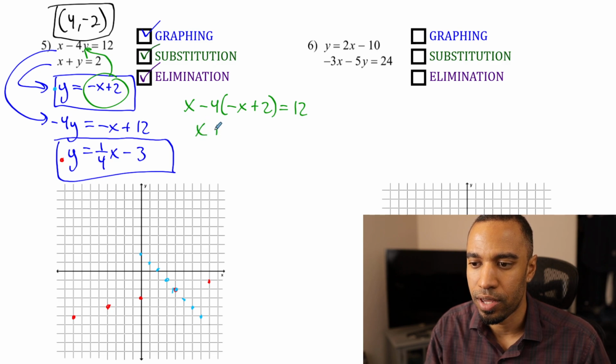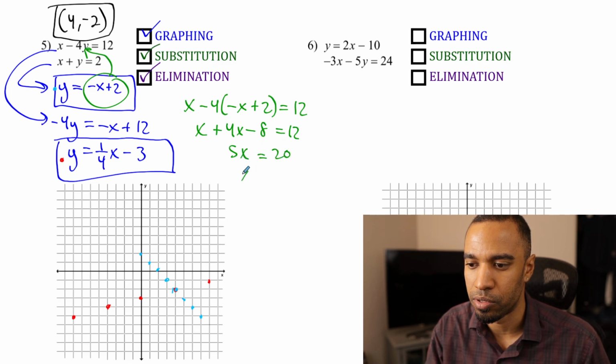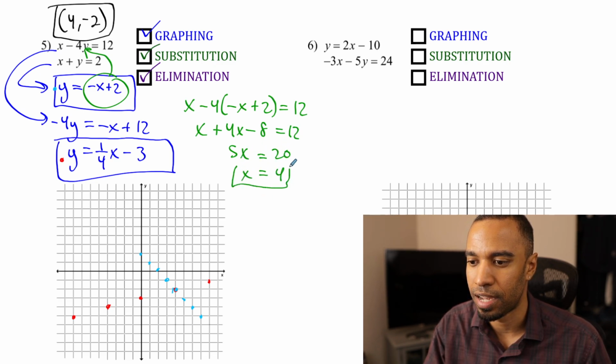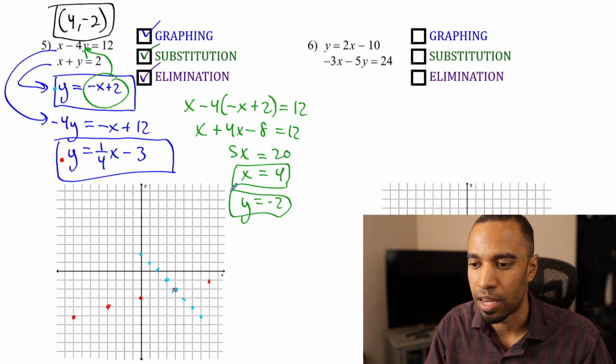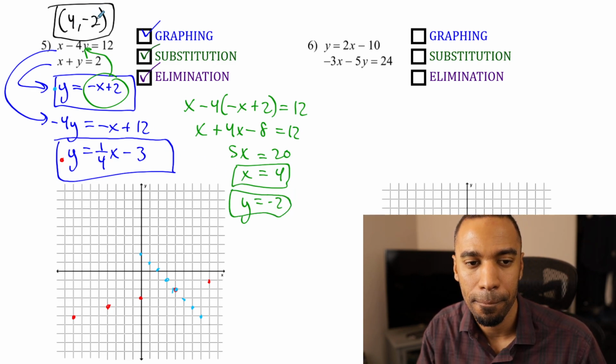Distribute the negative 4, you get x plus 4x minus 8 equals 12. Combine like terms, add 8 to both sides, divide both sides by 5, you get 4 for x. Substitute that into this equation, y equals negative 4 plus 2, y equals negative 2. And of course we get that solution set up there.